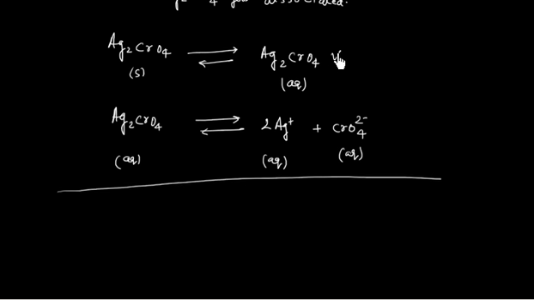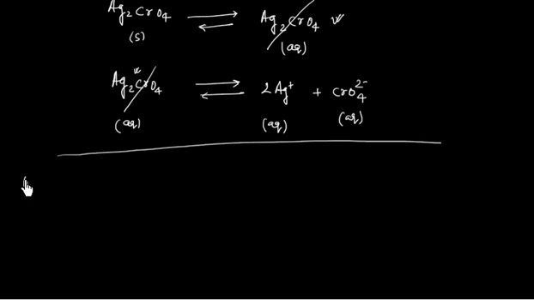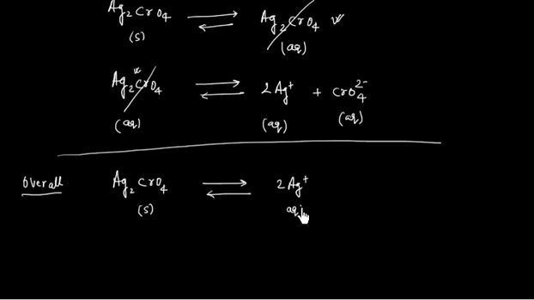Now all the dissolved Ag2CrO4 gets dissociated, so we can add these two equilibria. If I add these two, this cancels, so we will have an overall reaction, and that is dissociation of Ag2CrO4 solid to 2Ag+ aqueous plus CrO4 2- aqueous.